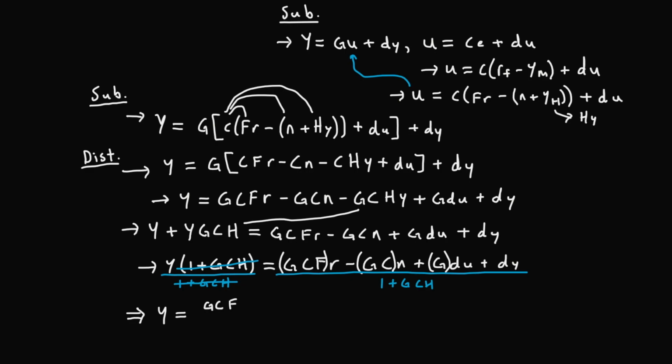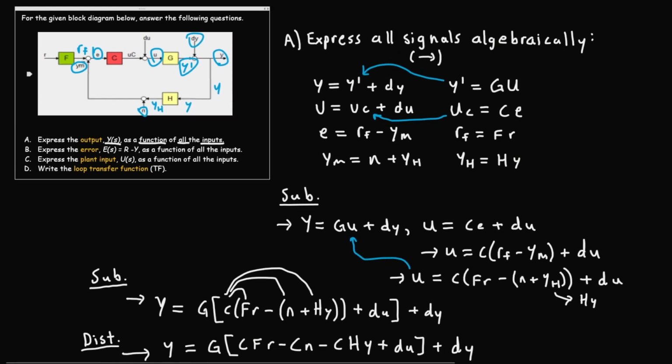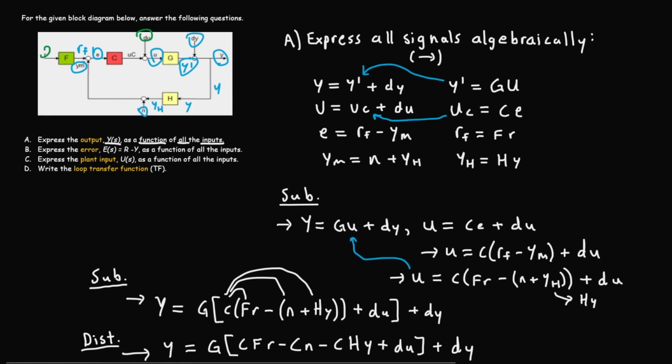So after dividing the left term, we will have GCF over 1 plus GCH times r. And now here, I'm just going to go in order of the inputs we see on the system. So that's r, du, and dy.